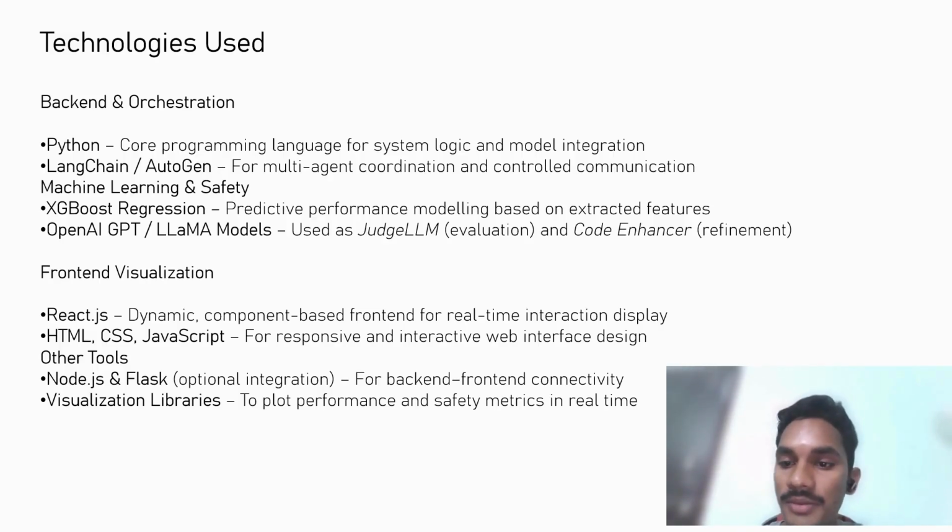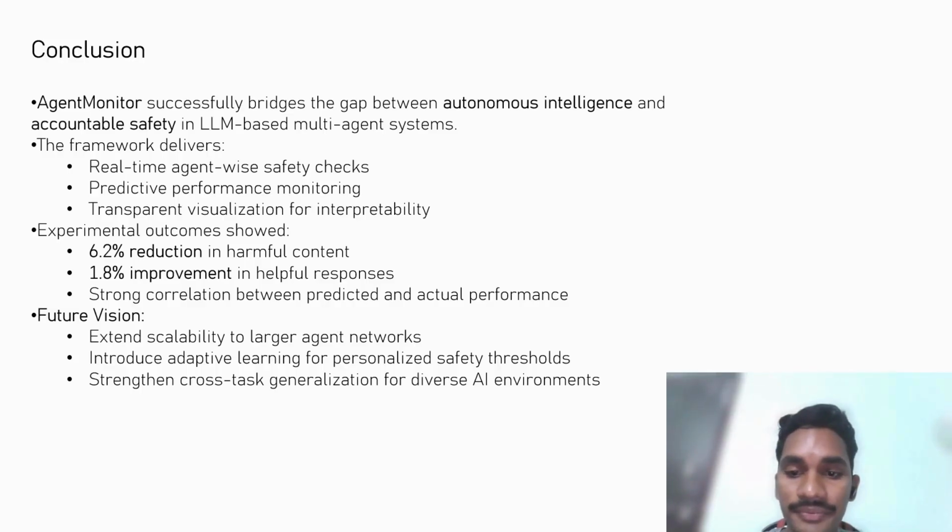In conclusion, Agent Monitor bridges the gap between AI automation and safety assurance. It continuously monitors agent collaboration, refines unsafe outputs, predicts performance, and provides real-time visibility into system behavior.